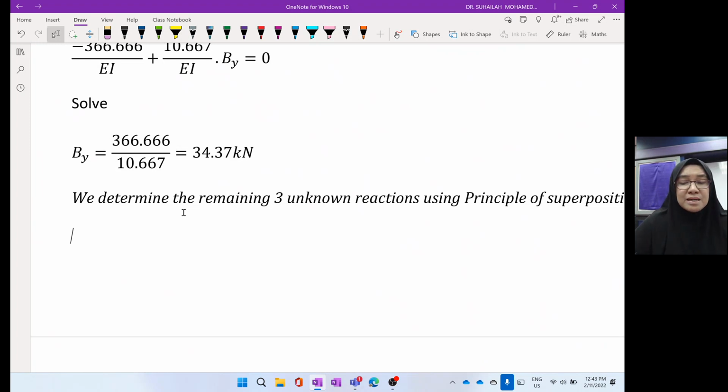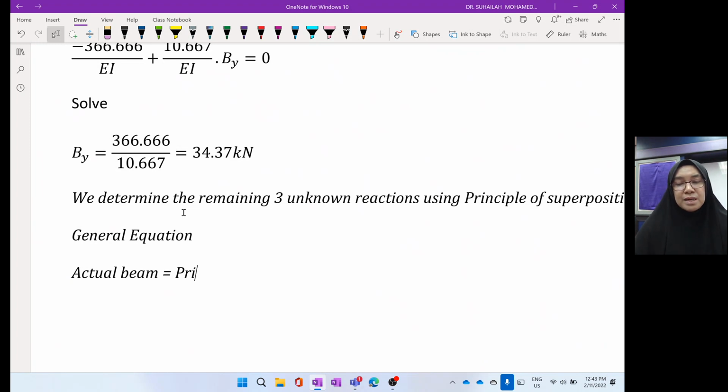Always remember the general equation. You don't need to write this one, the general equation is something you should already remember. We derived it the other day. General equation: actual beam equals primary beam plus redundant beam, with BY applied.